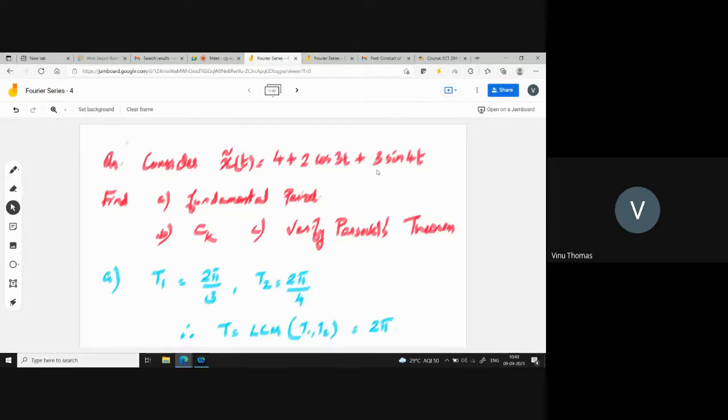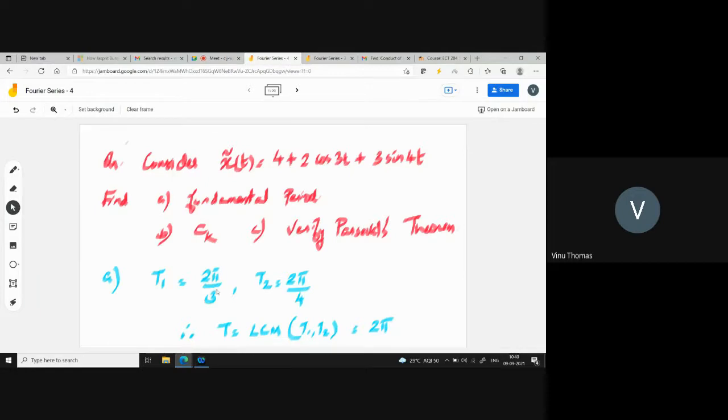So what about the combination of these two signals? What is the period of these two? You have seen that the period of the linear combination of two periodic signals can be written as the LCM of the periods of the individual components. So it is the LCM of 2 pi by 3 and 2 pi by 4.